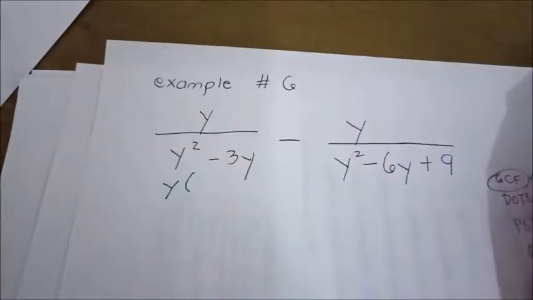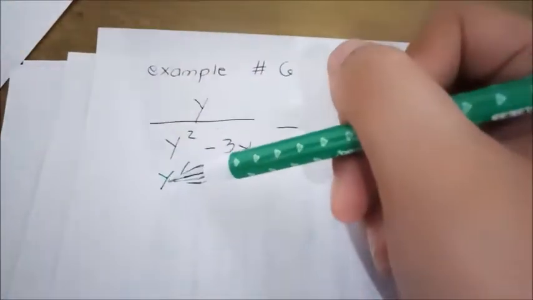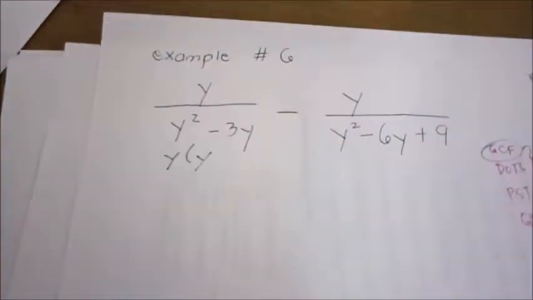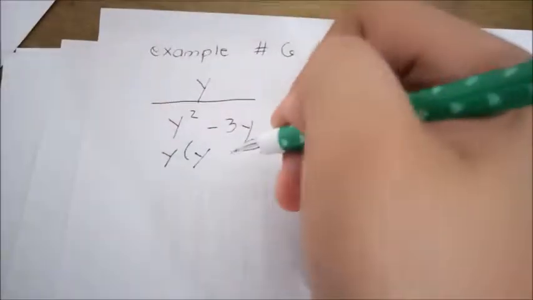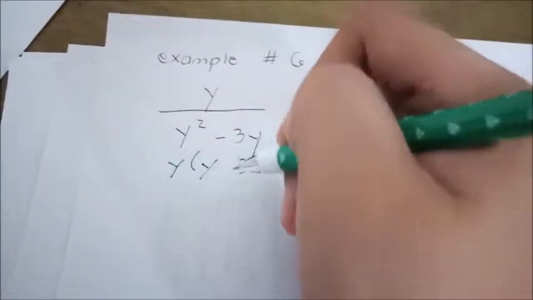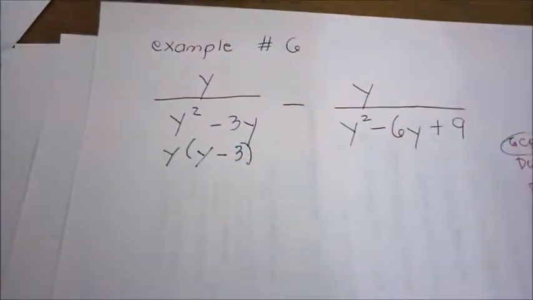If you answered y, then you're correct. Let's factor out y. y squared divided by y is y. 3y divided by y is 3. Since minus ito, minus din yung nasa gitna.